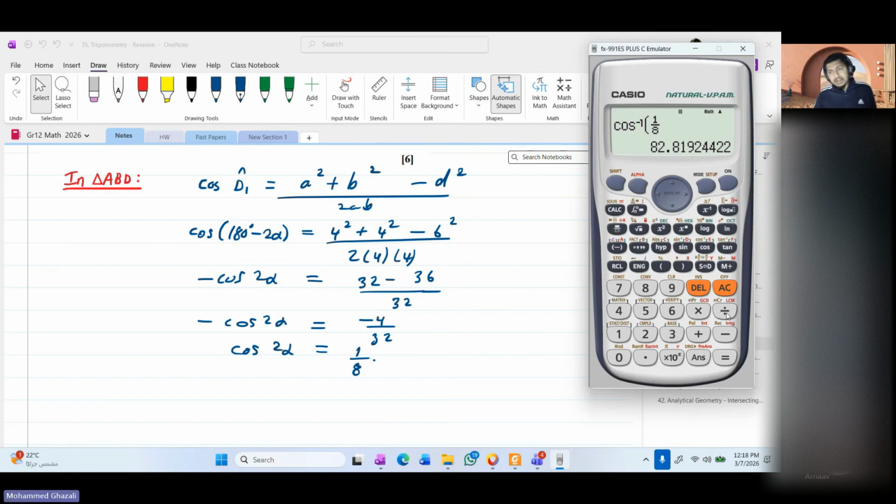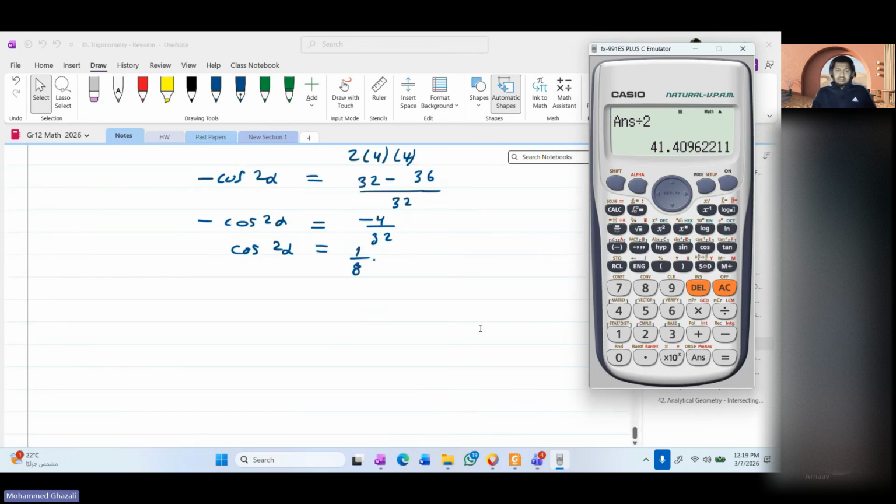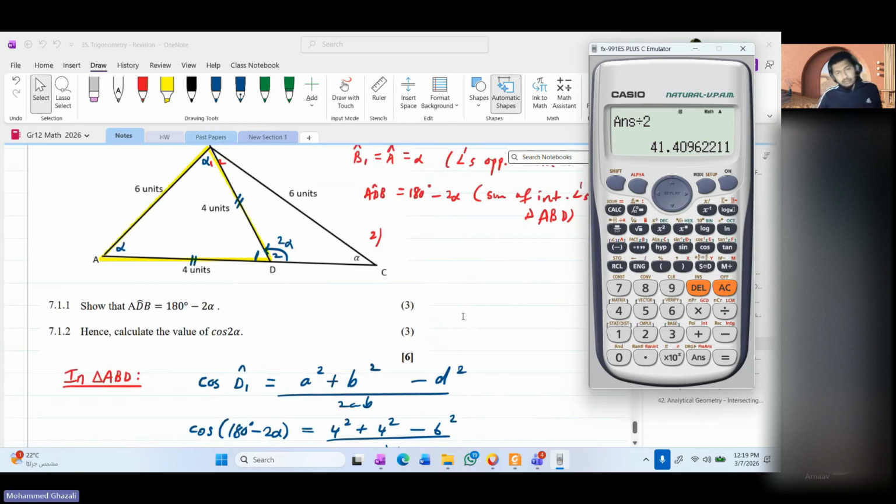And then divided by 2, I'll get 41.41 degrees. 41.41 degrees, but that is alpha. And then obviously angle D will be 180 minus 2 times the answer. That will give me 97.18.